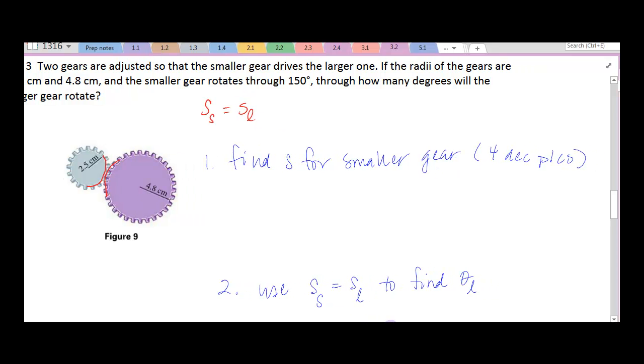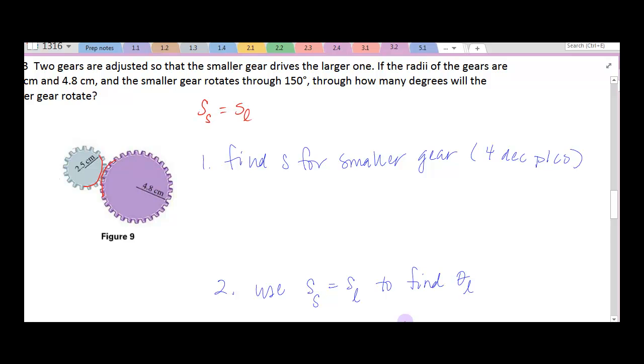So we're going to break this down into a couple of steps to be able to figure it out. First of all, I need to figure out what the arc length is for the smaller gear. I do that because I'm given the radius, so the arc length of the smaller gear is what I'm looking for. I know that the radius of the smaller gear is 2.5 centimeters, and I know that the smaller gear rotated 150 degrees.